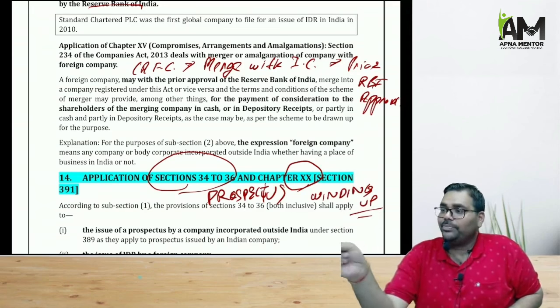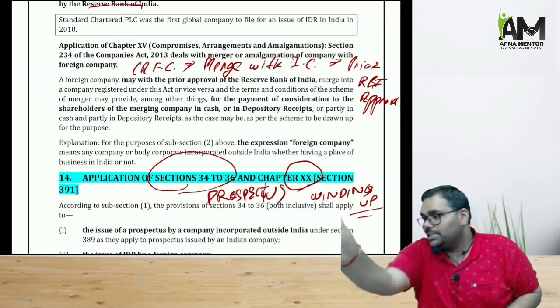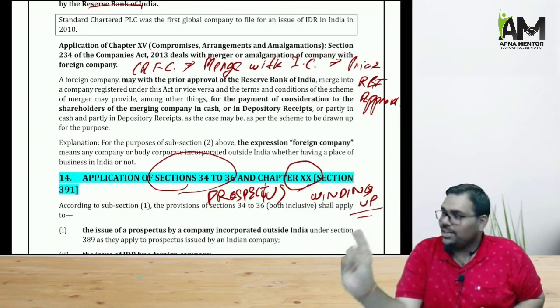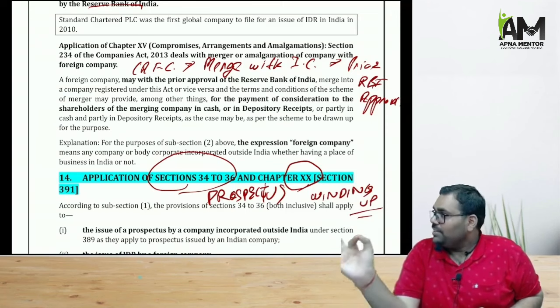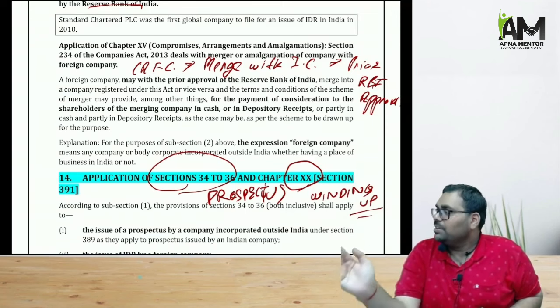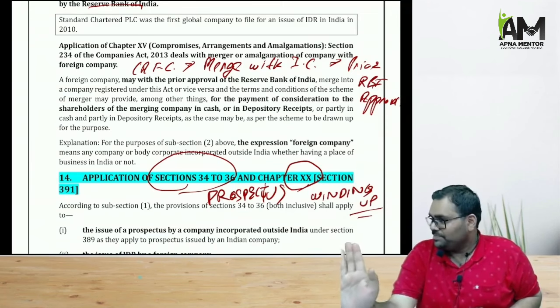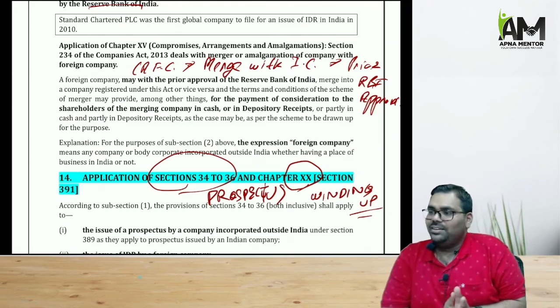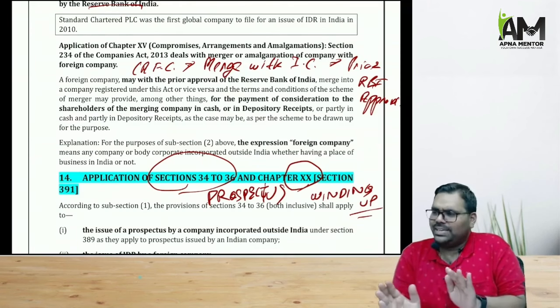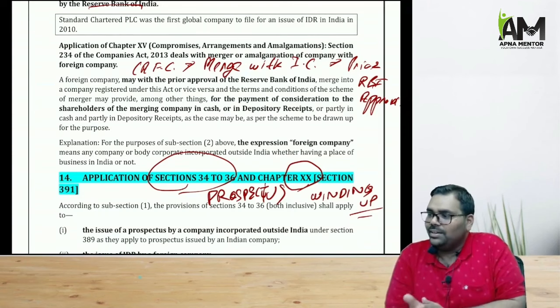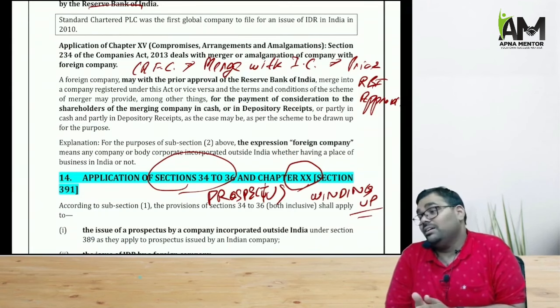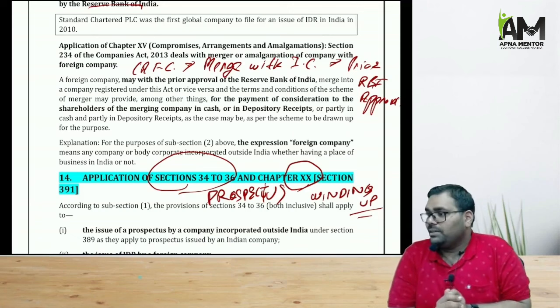But in foreign company, only those companies come which carry on a business in India. It means, technically, that a body corporate, not a foreign company, not carrying on business in India, if they want to merge with an Indian company, they cannot do so.